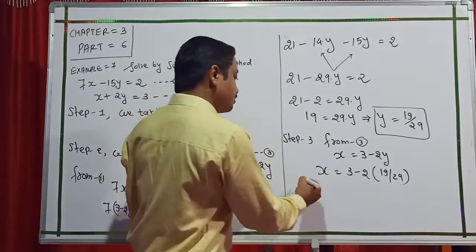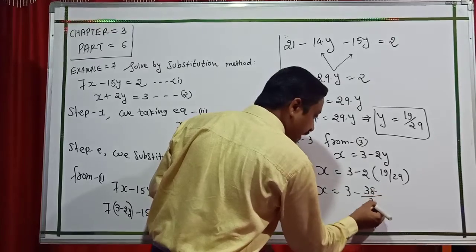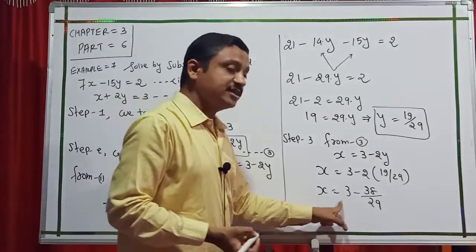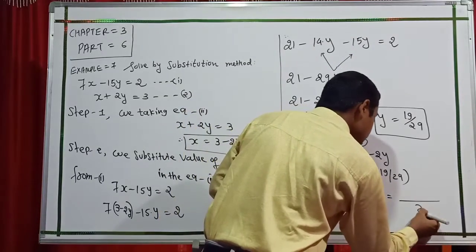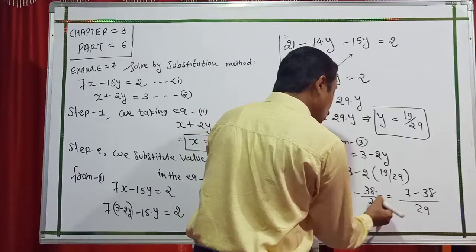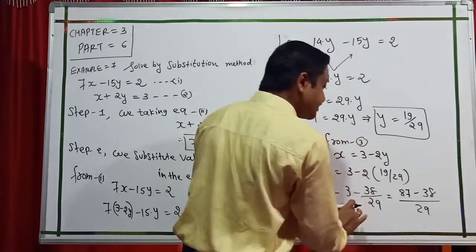Now students, here you take out the LCM. 3 minus 2 times 19 by 29. 2 19s are 38 by 29. And how much is 29 times 3? You multiply that: 9 3s are 27, 2 carry, 3 2s are 6, 7 and 8, it is 87.